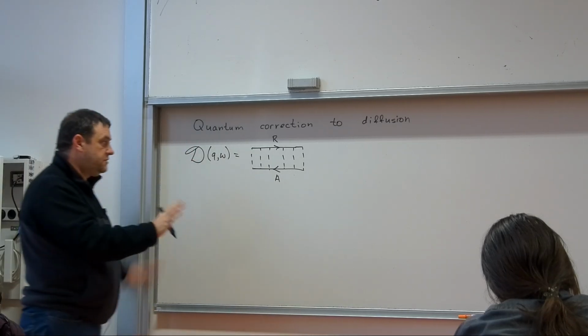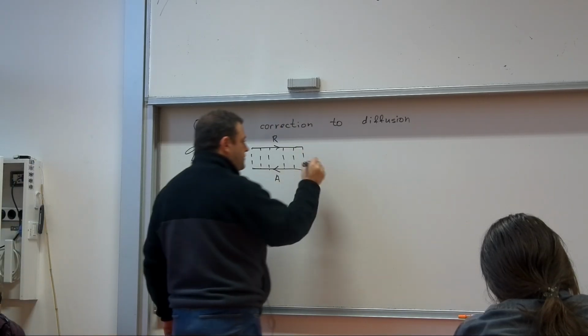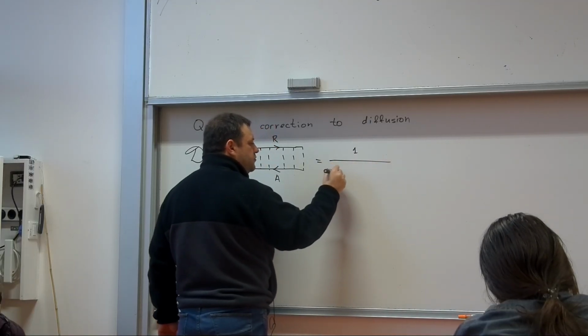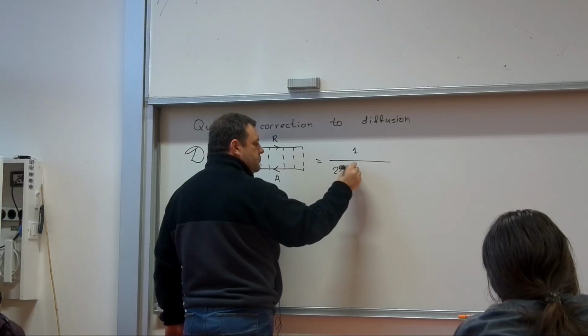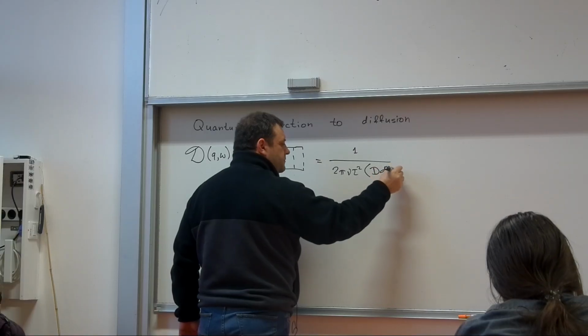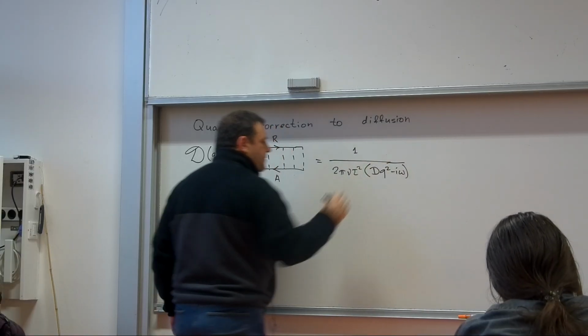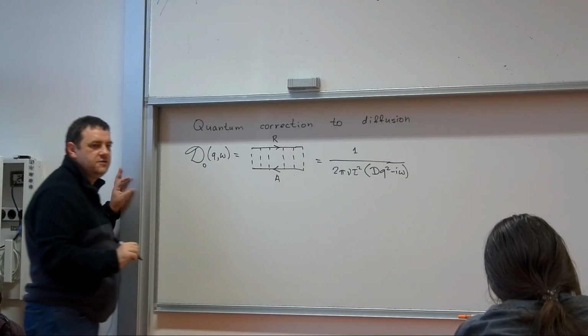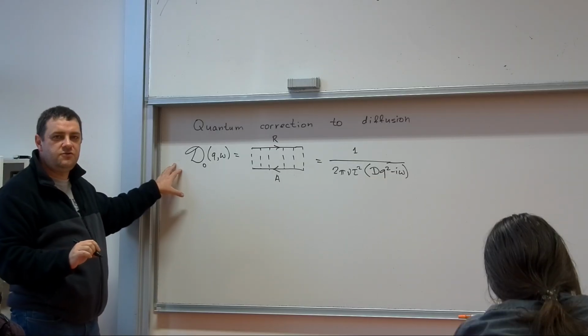Now I will do this accurately with a prefactor. The prefactor is 1 over 2 pi nu tau squared, times D q squared minus i omega. And this object I will now call D with the index 0. This is a classical diffuson.